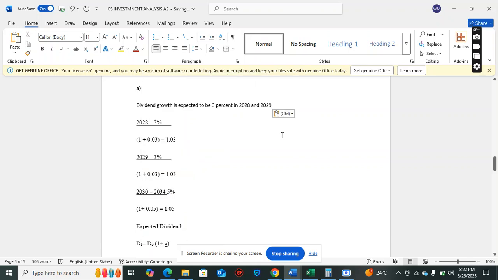Yes, 2028 and 2029. So the growth rate is 3% for 2028 and 2029.